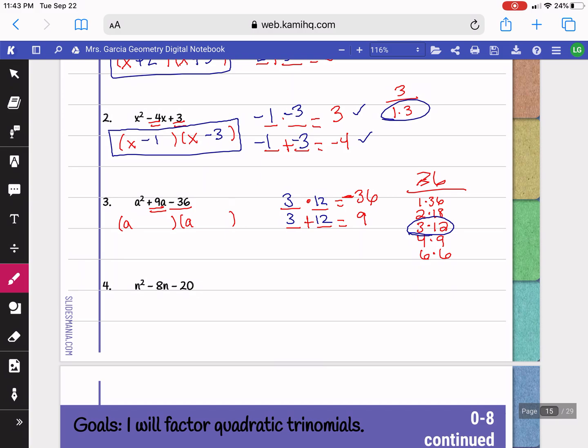And you always keep the sign of the bigger number. So since our number here is a positive 9, that means that the bigger number has to be positive as well. So the 3 will be negative. And if we check, negative 3 plus 12 is 9. Negative 3 times 12 is negative 36. So my factors are a minus 3 and a plus 12 because I'm filling in the negative 3 and the positive 12.